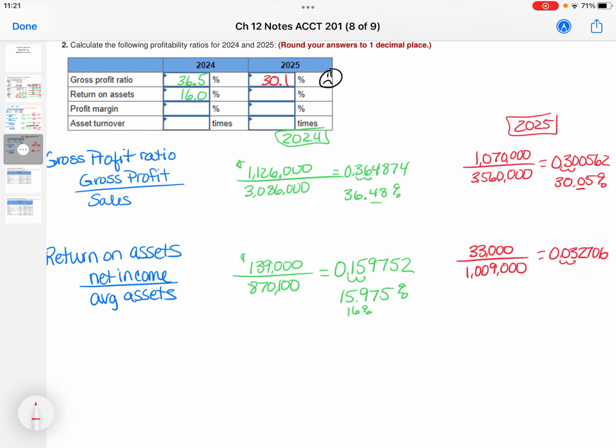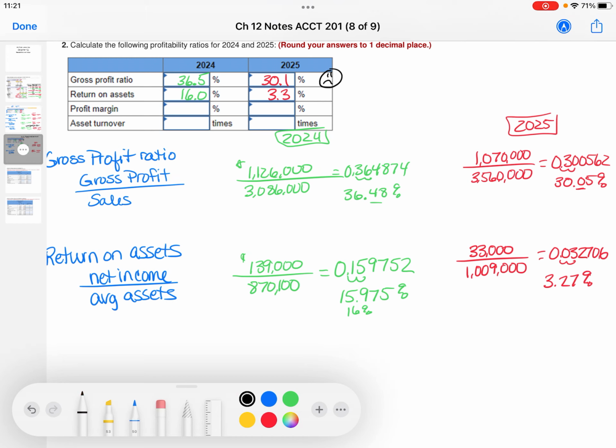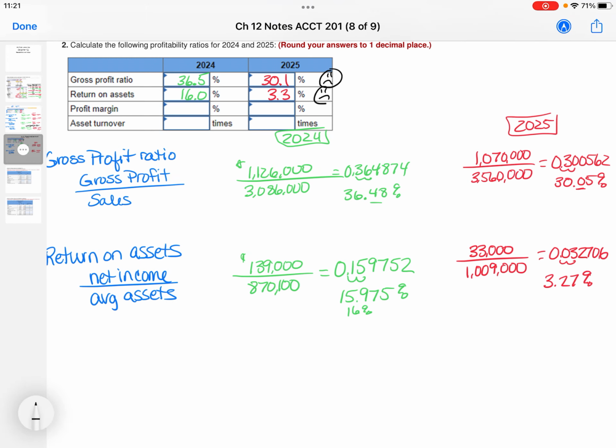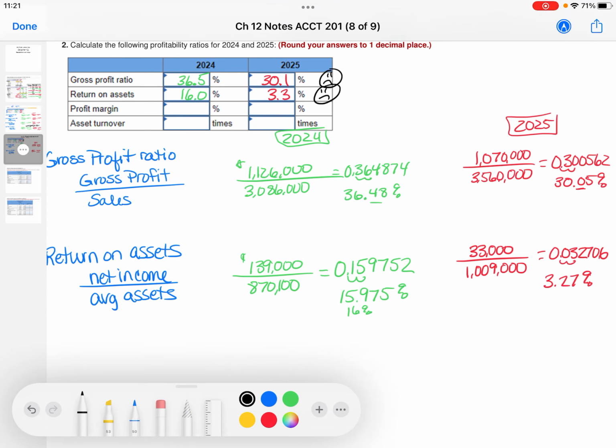So when you convert this, it's 3.27%. Oh my goodness. It's really gone down. So we're going to call it 3.3 when we round it to one decimal. And it's not good. We went from 16% to 3.3. So not good at all. Okay, so it's not going to get any better from here. I'm just going to be honest with you.